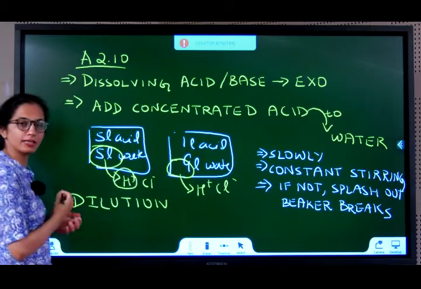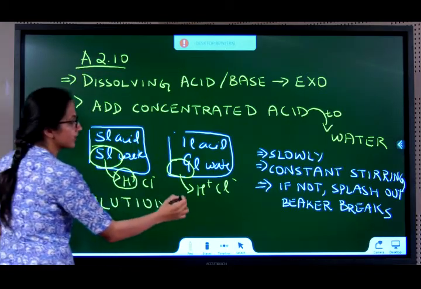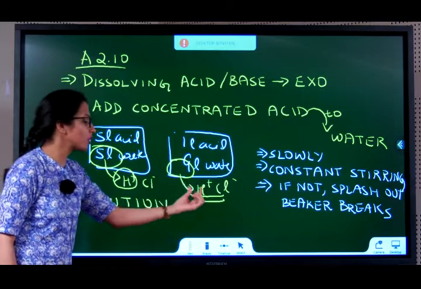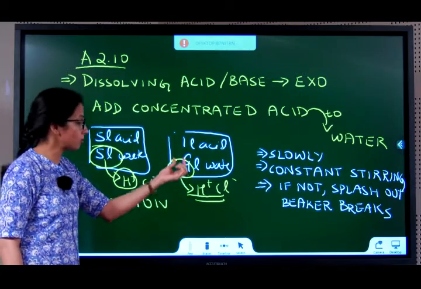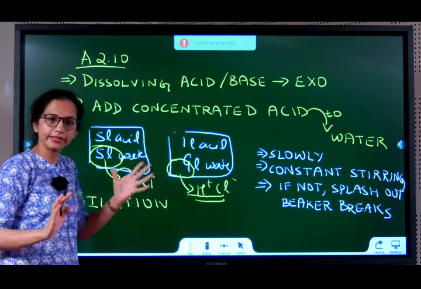This one will have more H plus, obviously. So this has lesser H plus. That means the ion concentration in 1 liter of water is less.